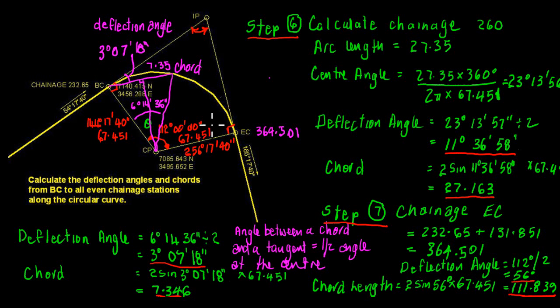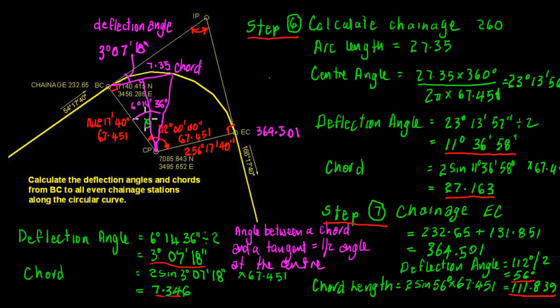Now, what we want to do is work out the chord. We've got our deflection angle here as 3 degrees 07 minutes 18 seconds. Using symmetry, if we cut the chord in half, that's going to give us half the chord, and this angle in here is going to be 3 degrees 07 minutes 18 seconds.